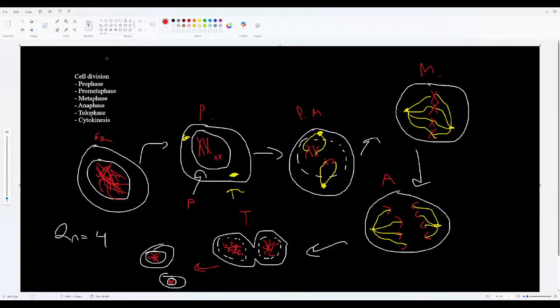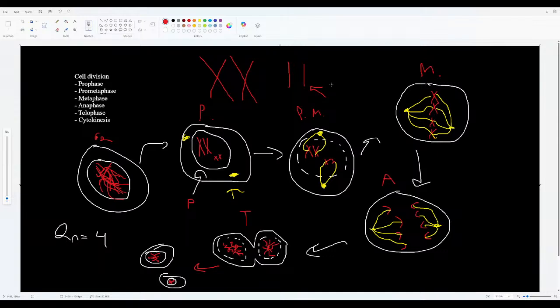So if you remember earlier, why I was making the distinction between this type of chromosome and this type of chromosome, is because this type of chromosome cannot be split apart, right? It cannot be split apart, right?